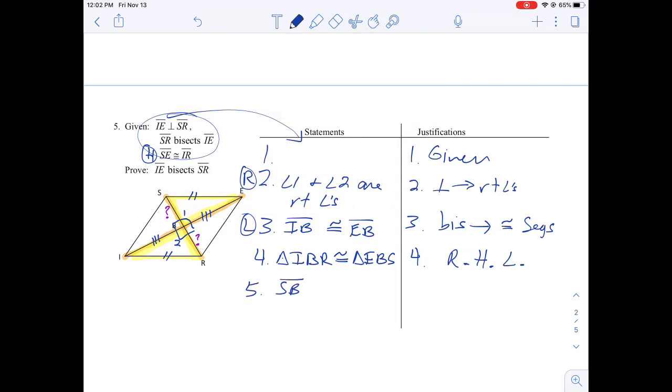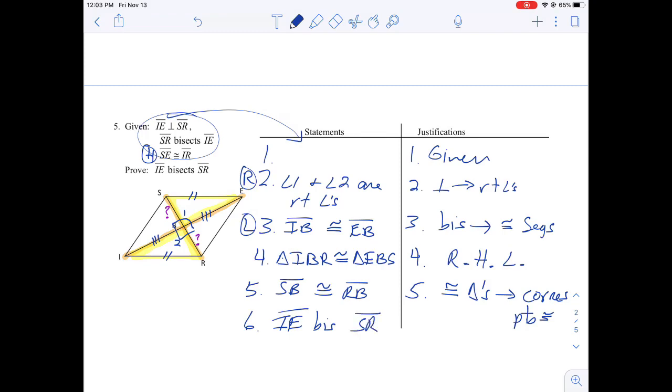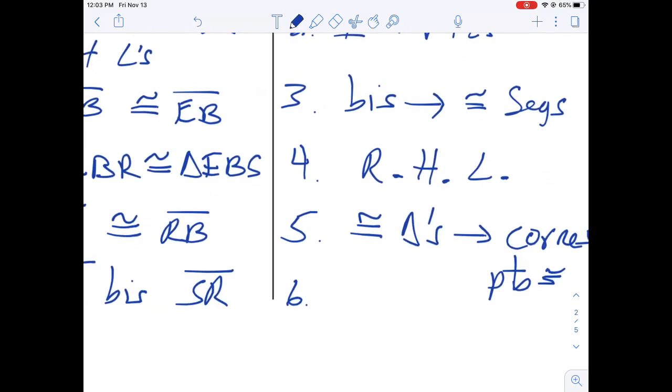So SB is congruent to RB, and that's because congruent triangles imply corresponding parts congruent. Okay, and step 6, now we can say that IE must be bisecting or cutting in half SR. IE bisects SR because congruent segments, which we just stated, implies bisect.